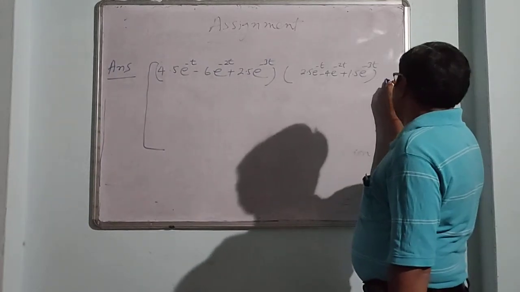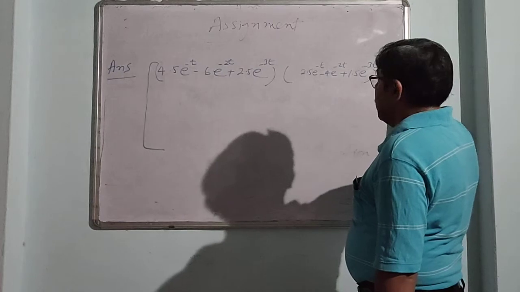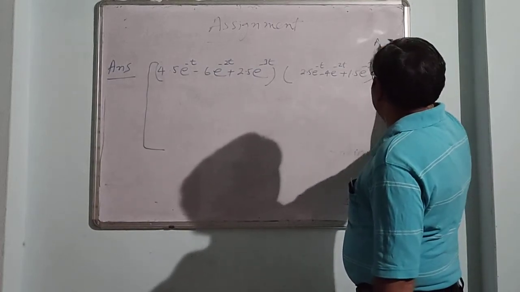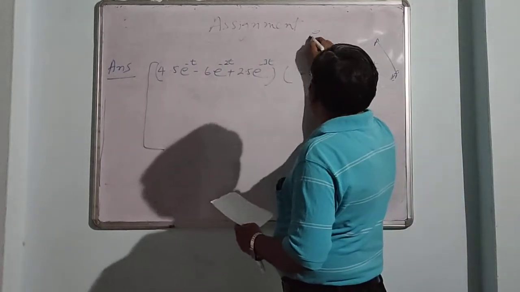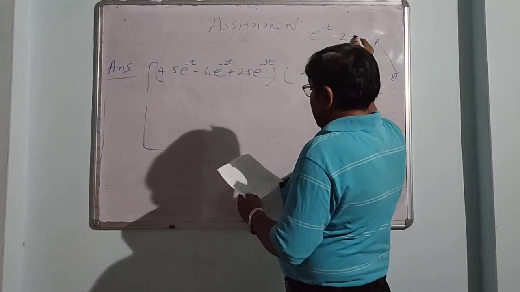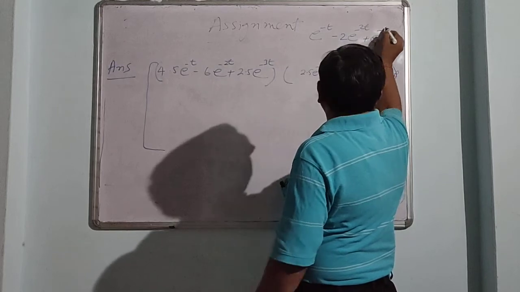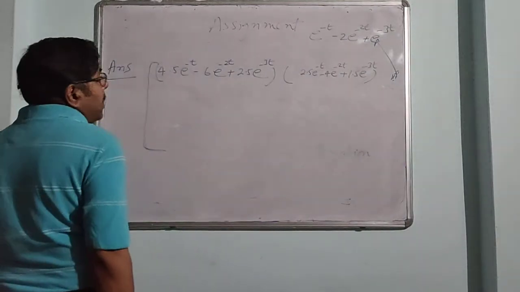And here we have the third term, e to the power minus t, e to the power minus 2t plus e to the power minus 3t. So this is the first row.